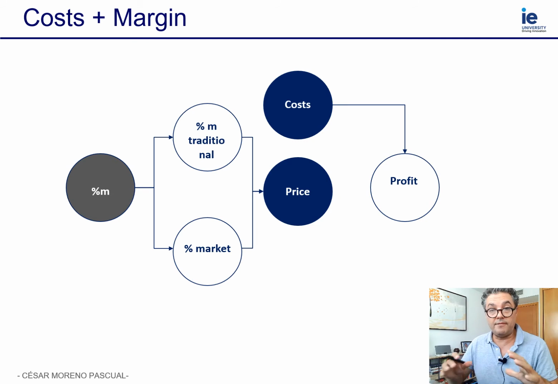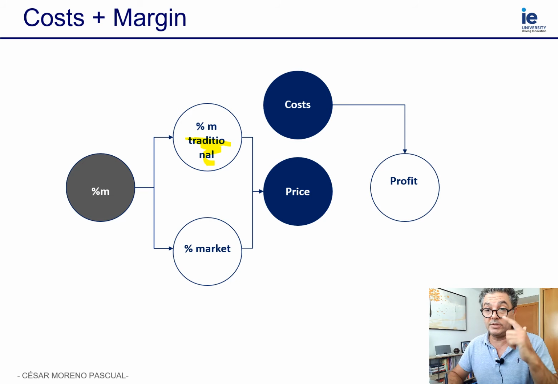Previously, we have defined several types of margins. Again, whatever margin you would like to use to calculate the price using those formulas, the thing is, what number should we put inside that margin M? We can use the traditional margin because we have always used this margin in our company, and it's good enough for us.